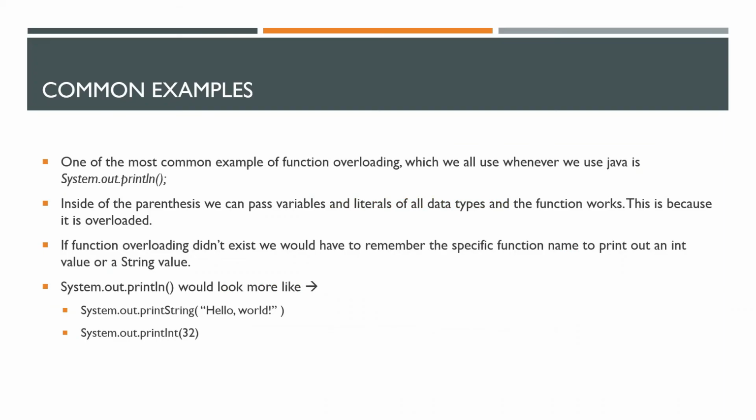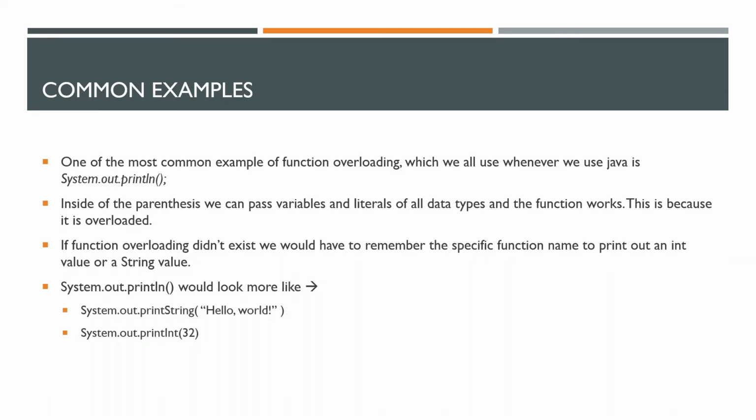Now, one common example that we all use is system.out.println. This is an overloaded function, and it's one of the best examples of an overloaded function. Inside of the parentheses, we can pass in a string value, we can pass in an int, we can pass in a float, we can pass in a double, and the function always works. But let's say, for example, function overloading never did exist.